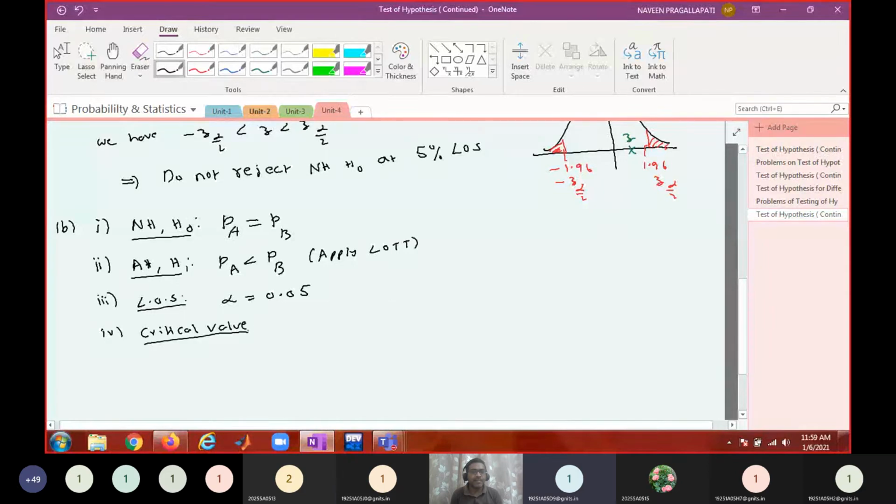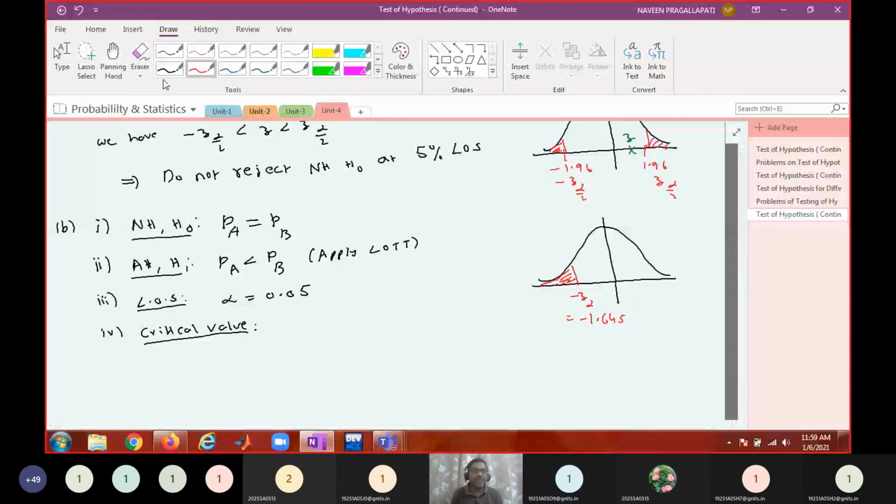Because it is a left one tail test, it has to be minus Z alpha. Can you tell me what is this value? Minus 1.645. So the critical value is minus 1.645.